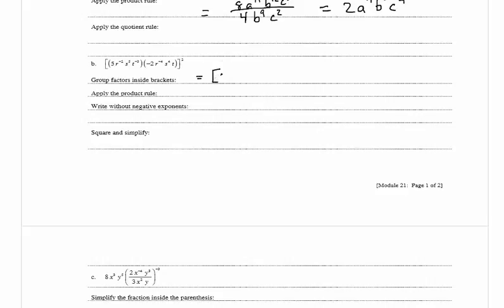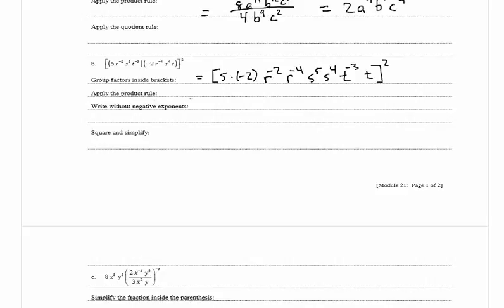So we have 5 times negative 2, and we have r to the negative 2 and r to the negative 4, s to the 5th, and s to the 4th, and t to the negative 3, and t, and all of this is squared.